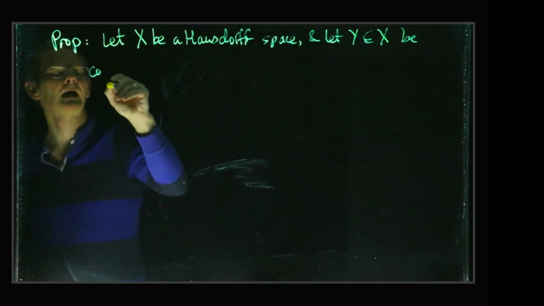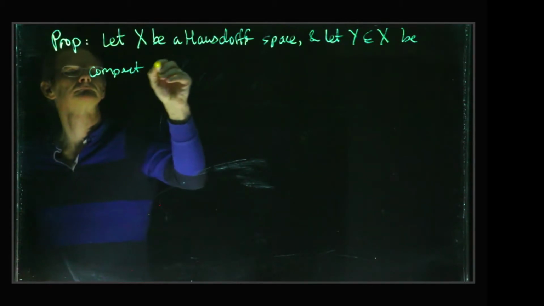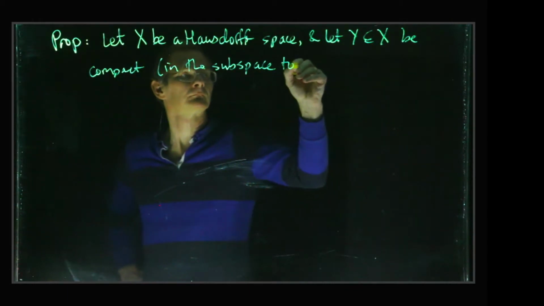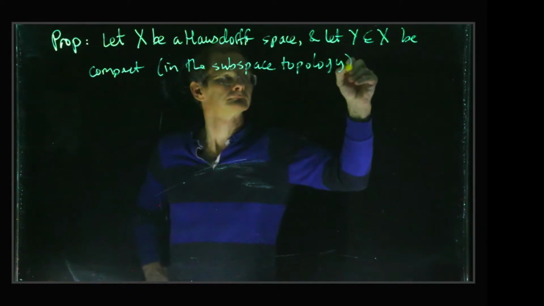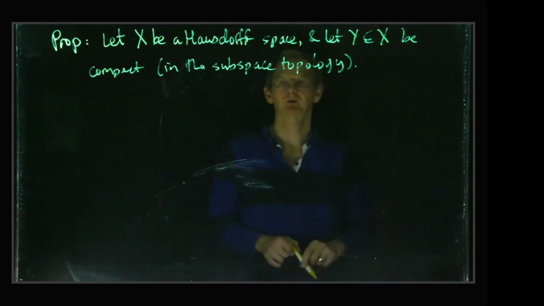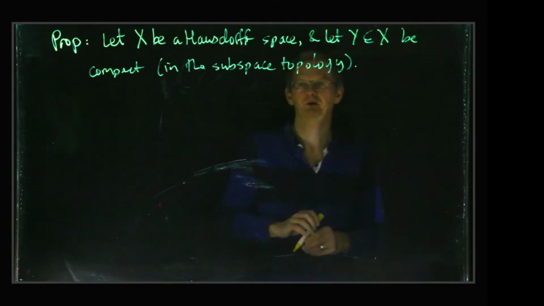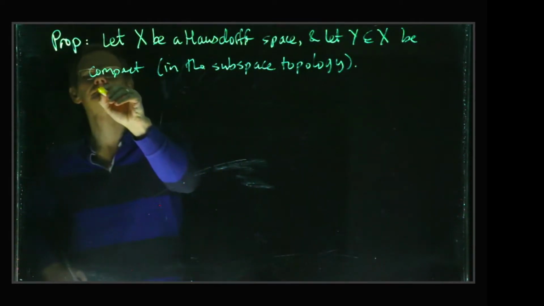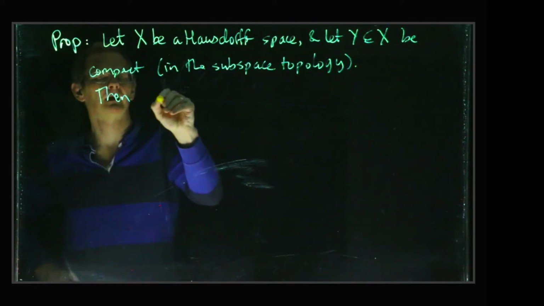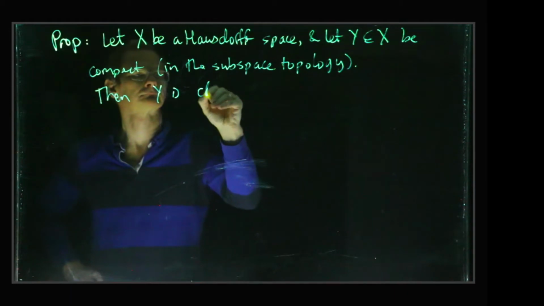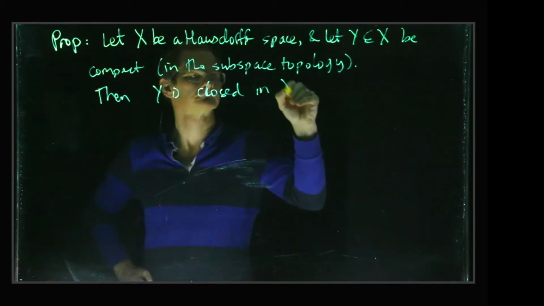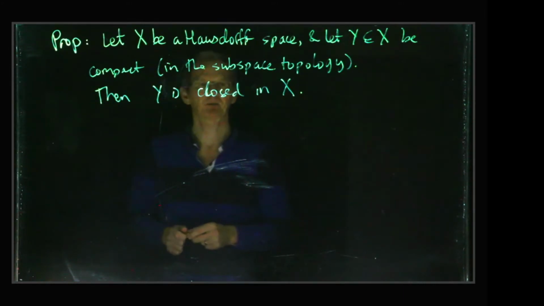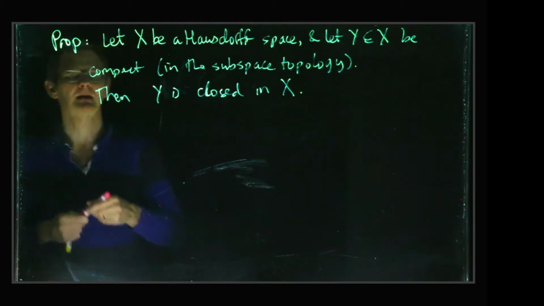So we've got a Hausdorff space X, and Y is a subspace, and we're going to assume that if we give Y the subspace topology, then it becomes compact. Then I want to claim that Y is closed in X. Before getting into the proof of that, I'm going to remind you of a lemma that goes into the proof of this.